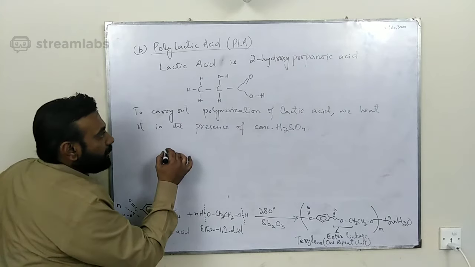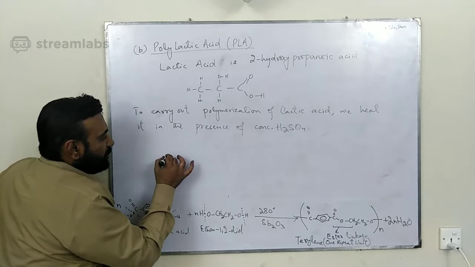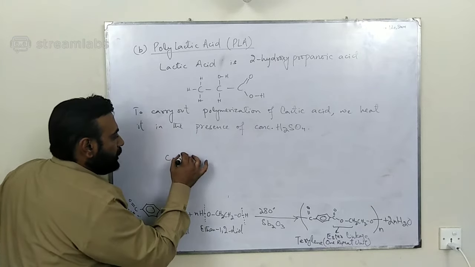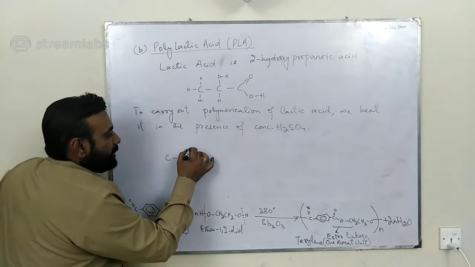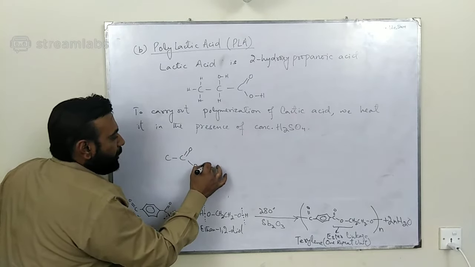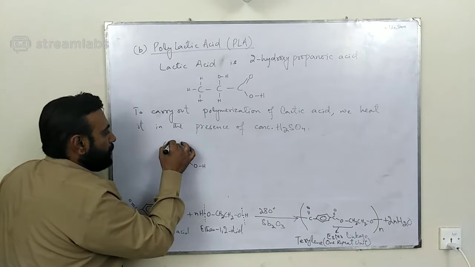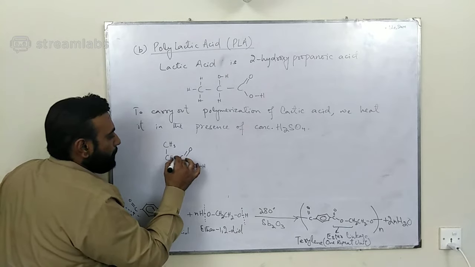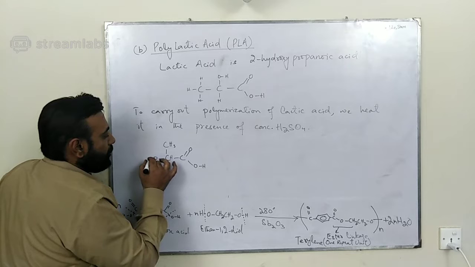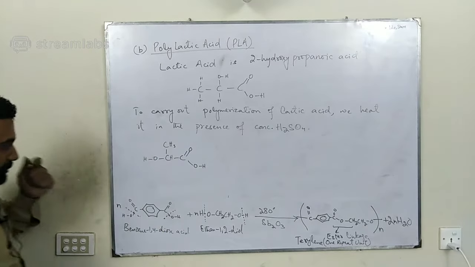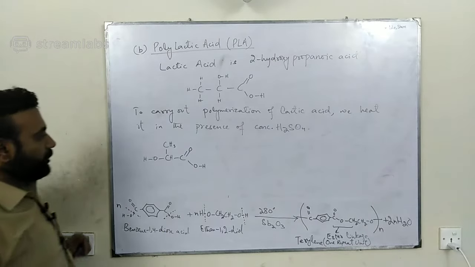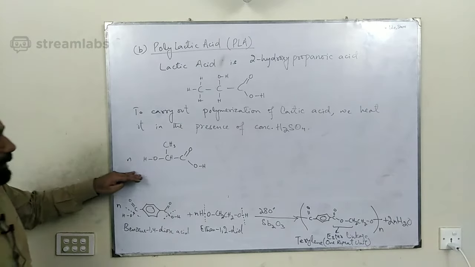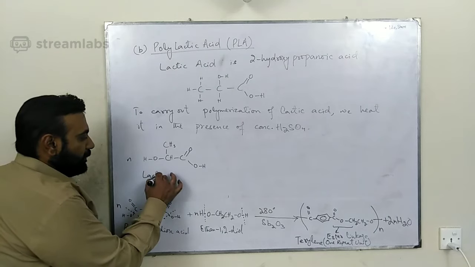So now when this starts undergoing polymerization, these atoms are arranged in this way. Now, if there are n number of such molecules, this is lactic acid.